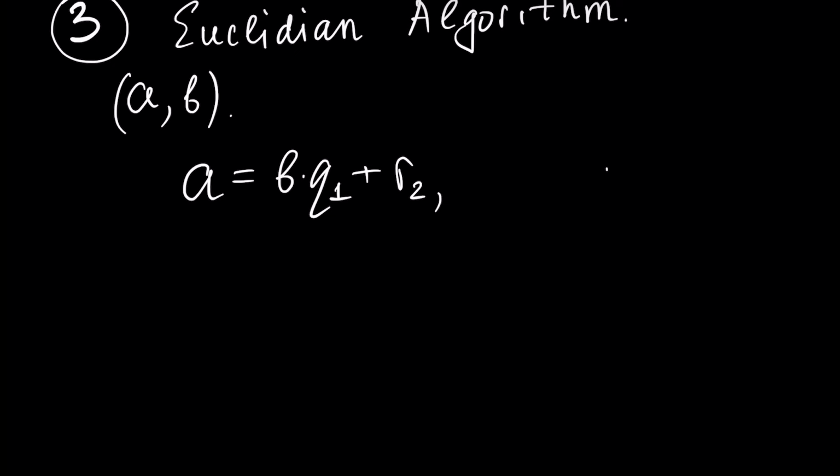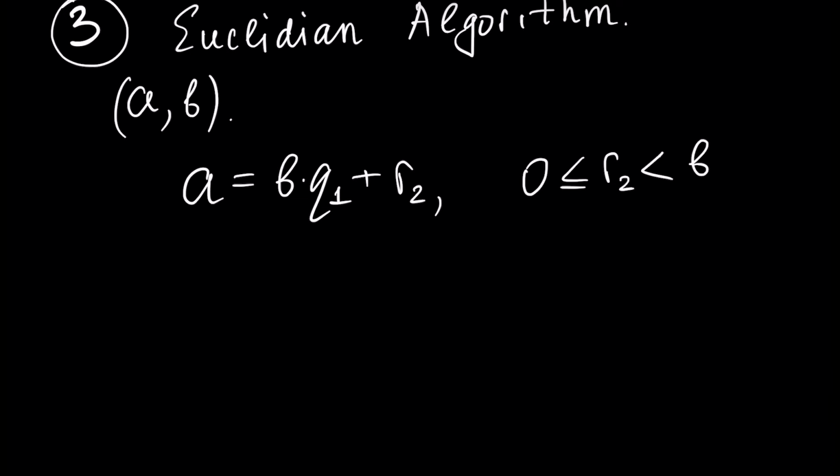And in this case, this remainder R2 is less than B, but it's not negative. So this equality is a result of our previous theorems.